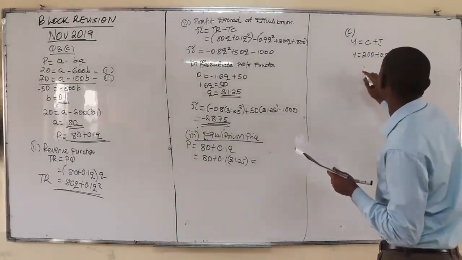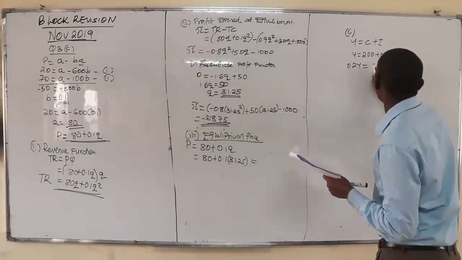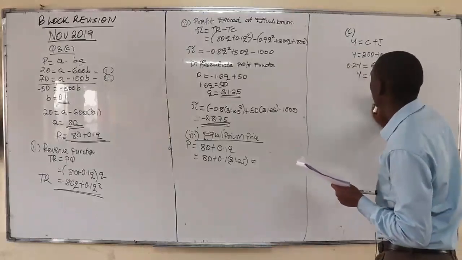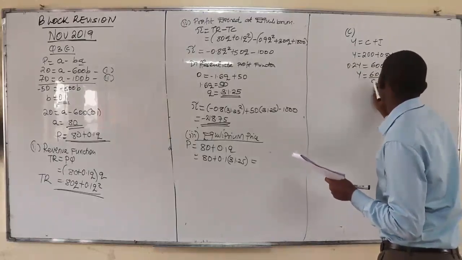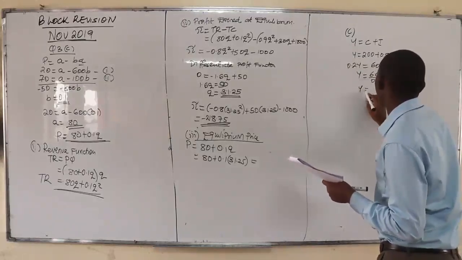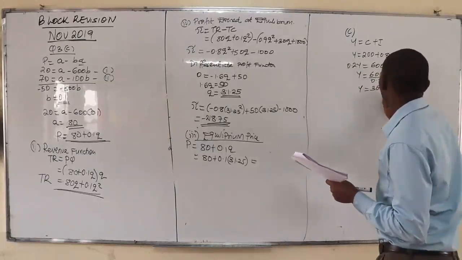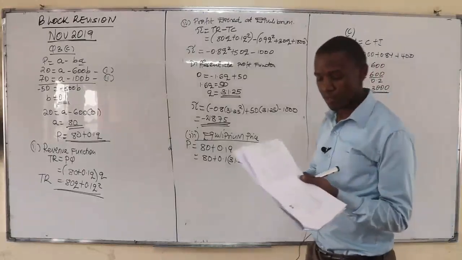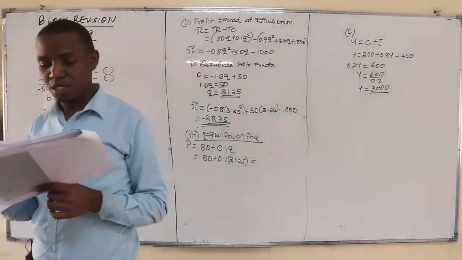So in that case, 0.2Y is equal to 600. So Y will be equal to how much? What is 600 divided by 0.2? 3,000. And that will be the aggregate spending.